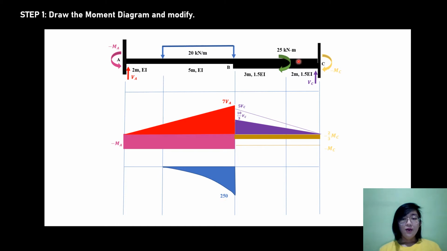So, next, the 25 kilonewton per meter na moment. Magiging ganito naman siya, 25, tapos you have to modify it and you have to divide it by 1.5. Magiging 50 over 3. So, tapos na tayo gawin yung moment diagram. Next, we're going to step 2 na.